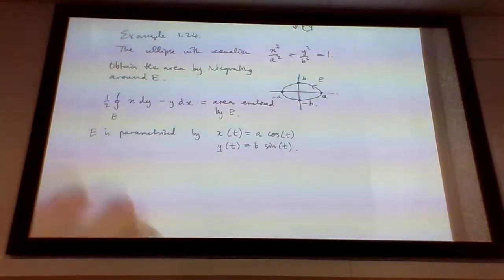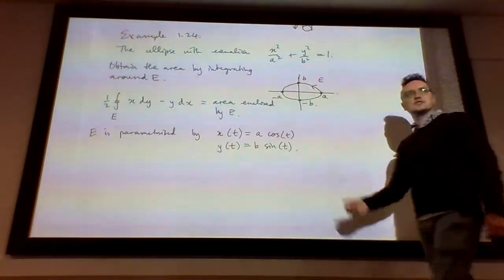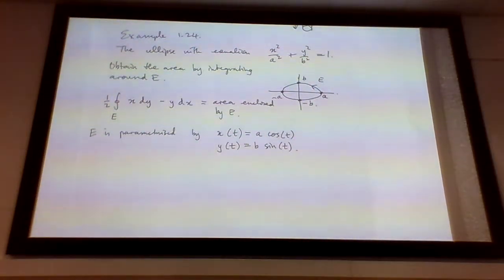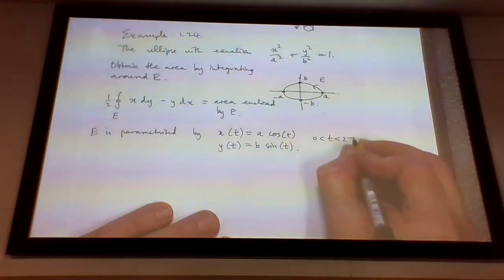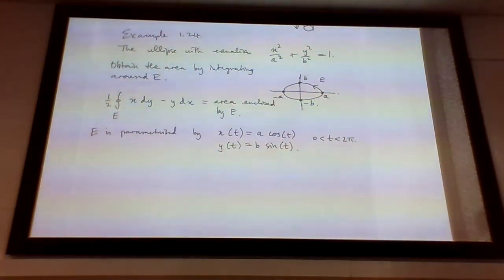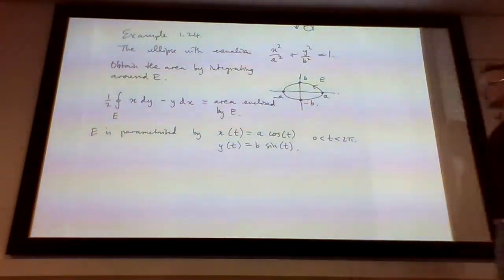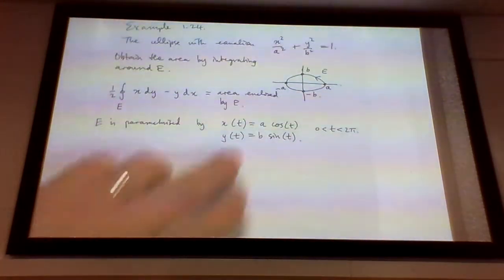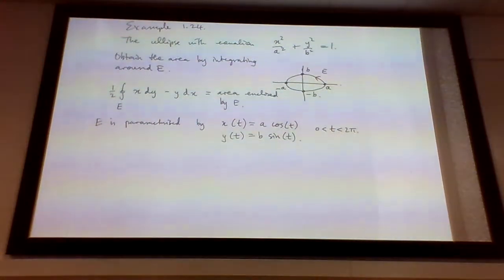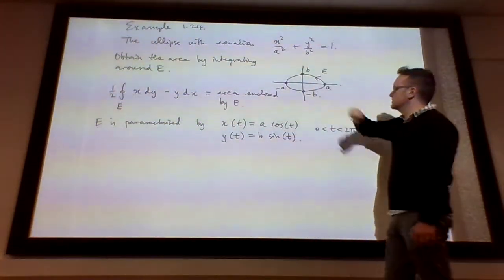The circle would be when a and b are both 1, that would be the unit circle. But for an ellipse, the x-coordinate is instead scaled by this factor a, and the y-coordinate is then scaled by that factor b. So when a and b are both 1, you get the unit circle, but when they're scaled by these other factors, that gives you the ellipse.